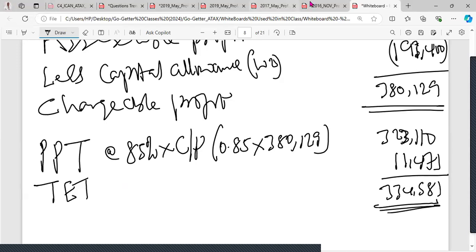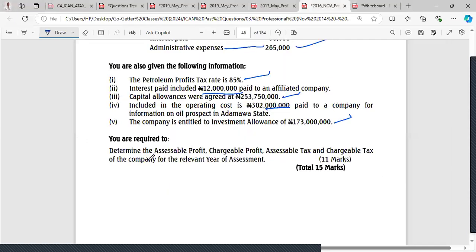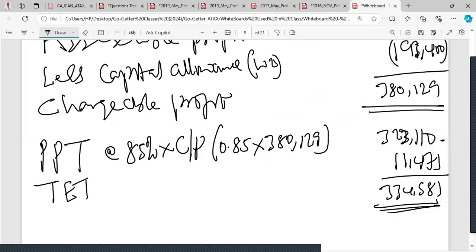So with that, you have answered the question. They told you to find chargeable tax and not total tax. So your answer should have ended here, but if you bring this one down and put it, there's no problem. You still get your marks.